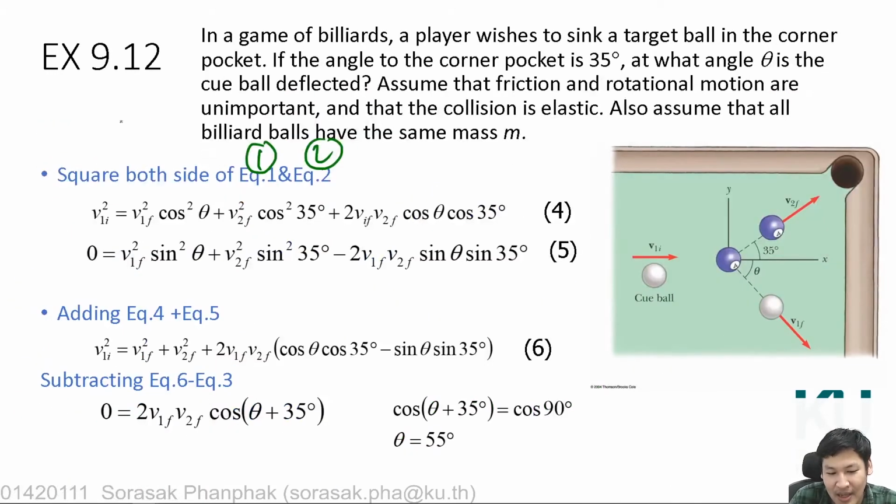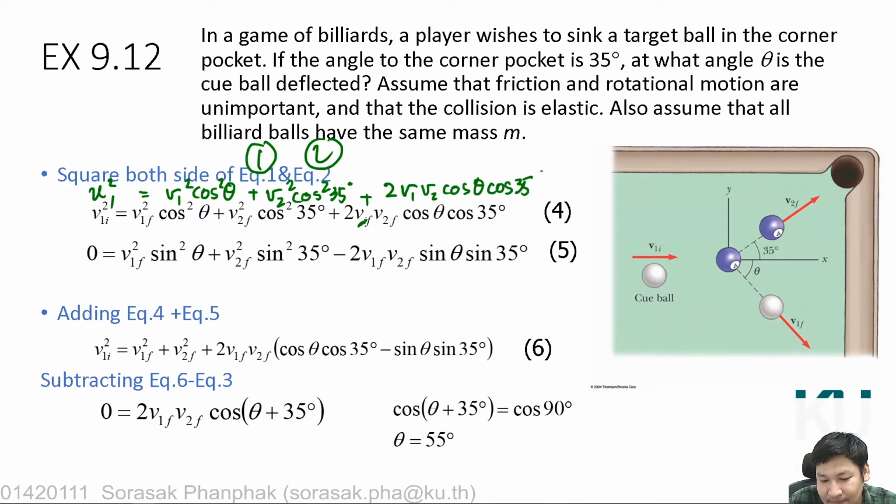So finally, I get u1 square equal to v1 square cos square theta plus v2 square cos square 35 plus 2 v1 v2 cos theta cos 35.